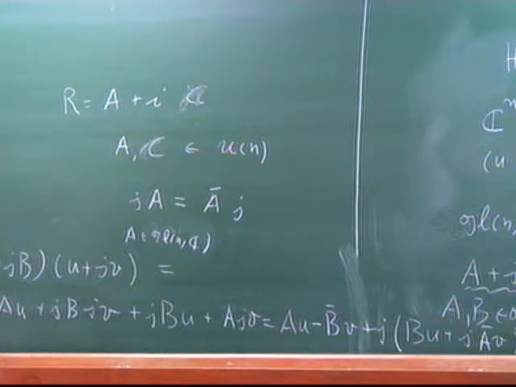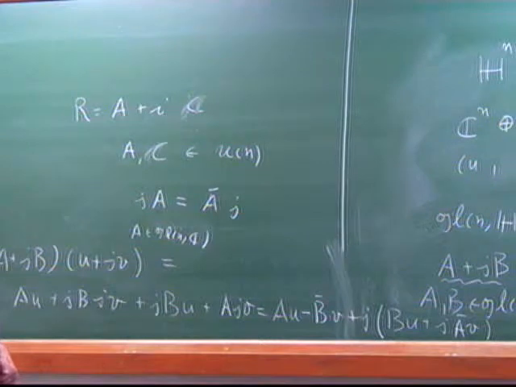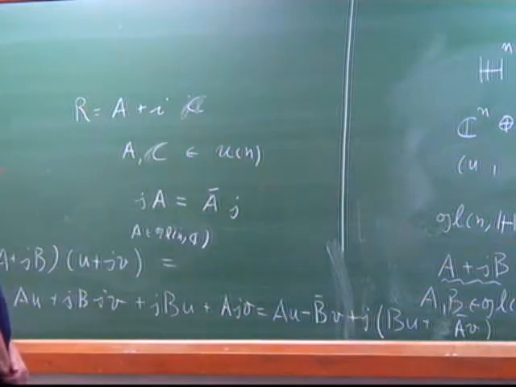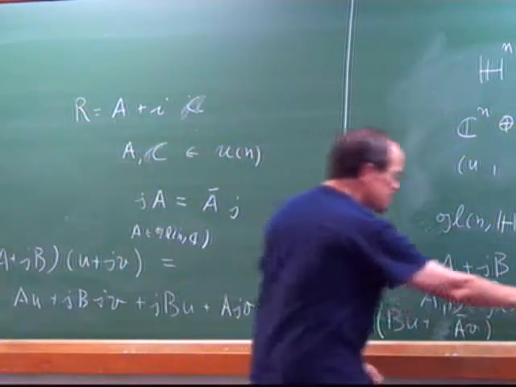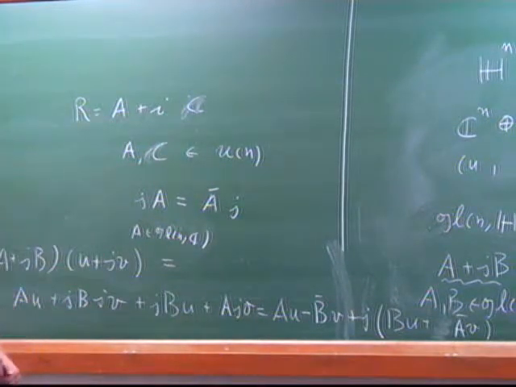So now again, as before, let's see, I did something. Pardon? The J is already out of the parentheses. Ah, yes. That doesn't look like this, does it? If I look at the U's, I set V to 0. I get AU plus JBU.